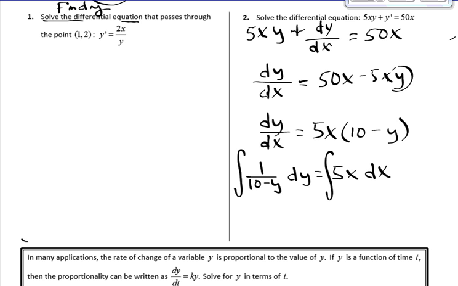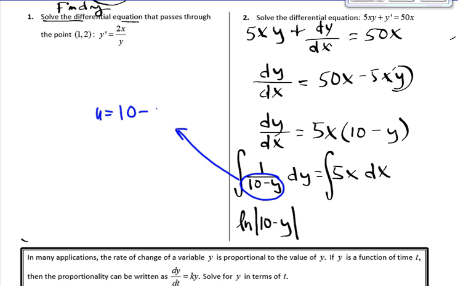So 1 over 10 minus y. Y has a degree of 1, so this is going to be natural log. So this will be natural log of absolute value of 10 minus y. However, here's where a lot of people make some mistakes. This 10 minus y, I can do this in my head, but a lot of you might make some mistakes here.